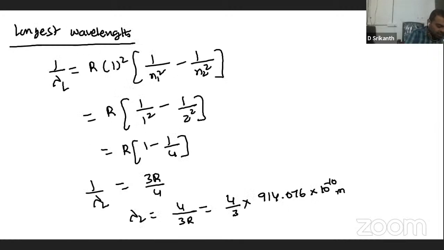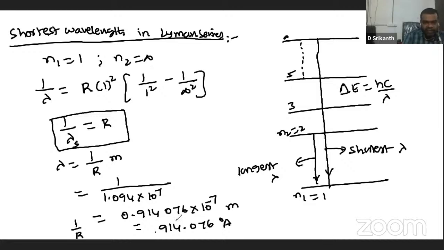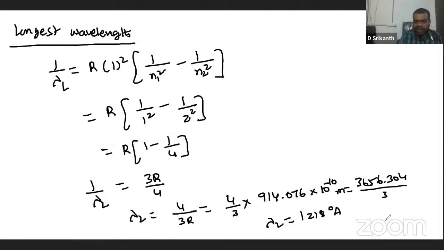So 4 into 914.076 is 3656.304, divided by 3 gives 1218. The longest wavelength is 1218 angstroms, whereas the shortest wavelength, lambda S, in the Lyman series is 914 angstroms.